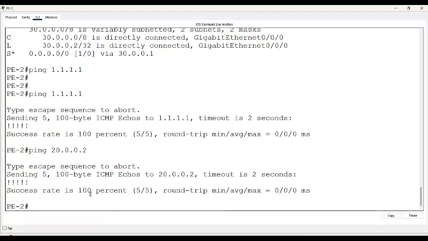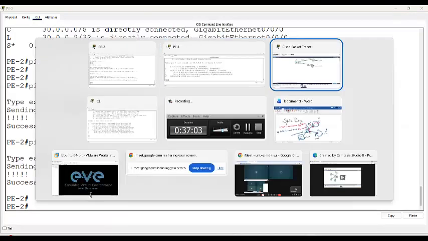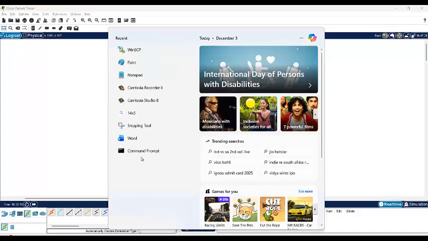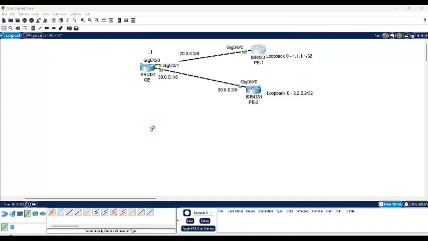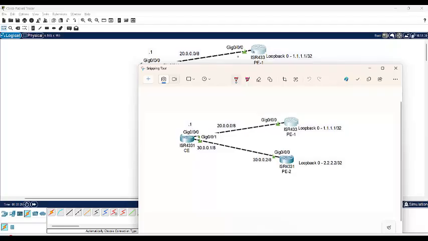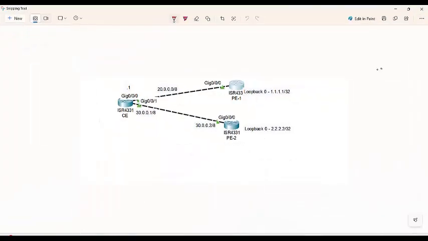So where do we write this default route? This default route we will write only on the stub router. What is a stub router? The router that has all the unknown destinations in one direction. Listen to my words. This router does not know about 30 and 2.